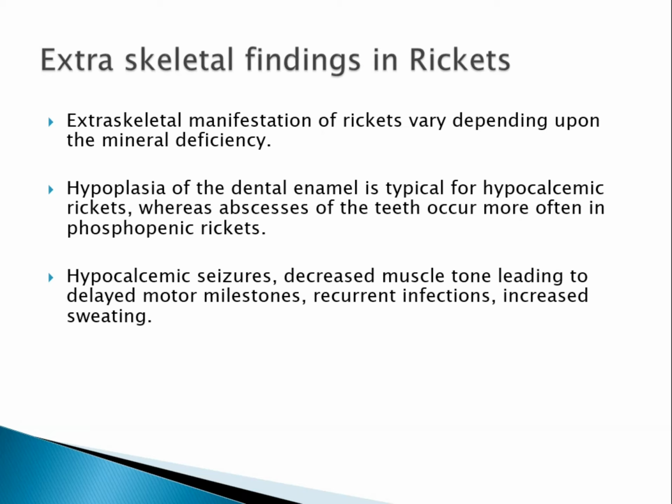So deficiency of calcium can cause hypoplasia of the dental enamel, where abscess of the teeth occurs more often in the phosphopenic rickets. Hypocalcemic seizures, decreased muscle tone leading to delayed motor milestones, recurrent infections, increased sweating.